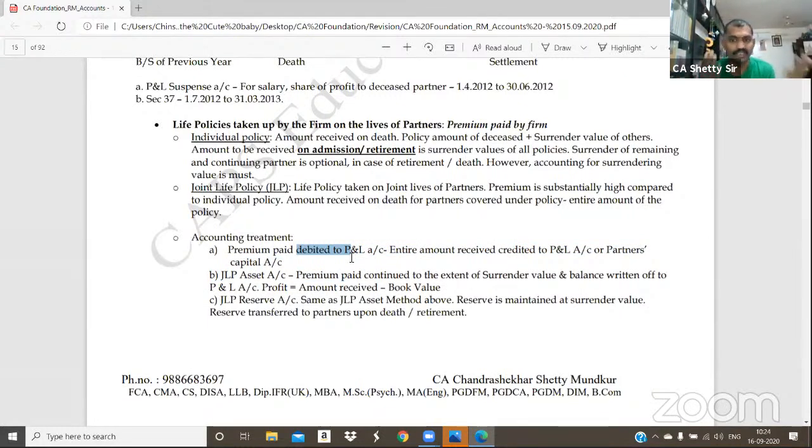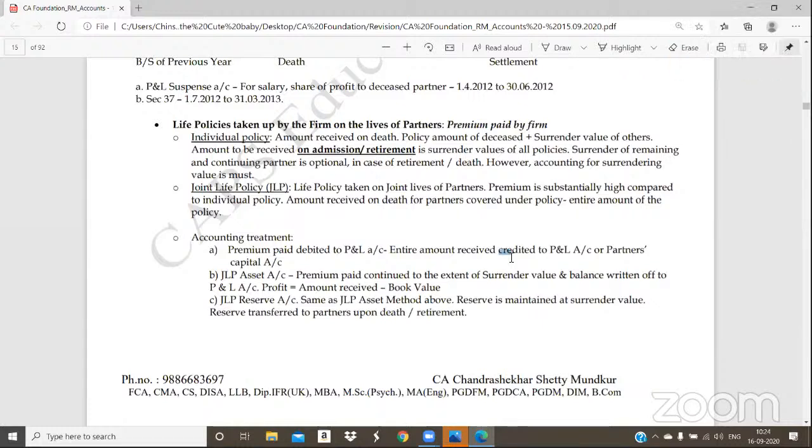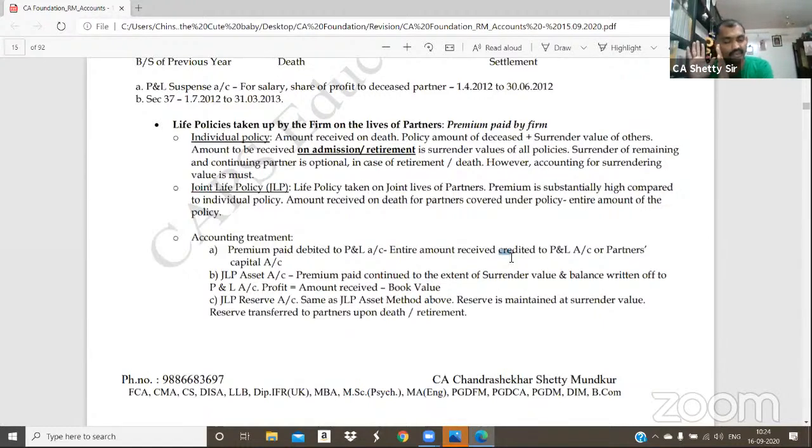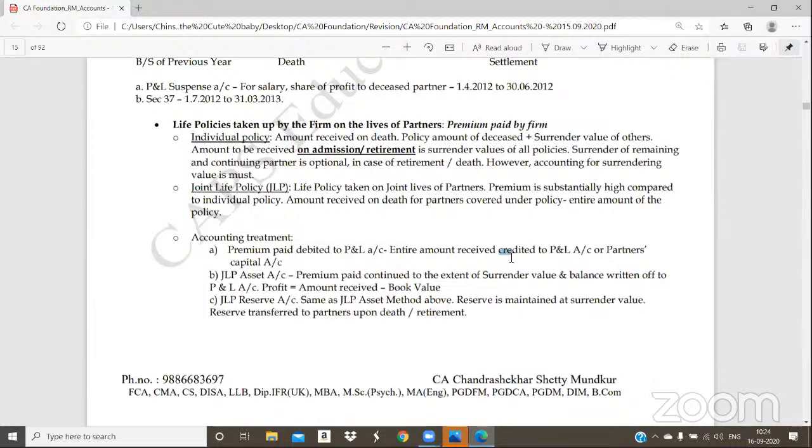Crediting to P&L account is equal to crediting to partners capital account. Remember this. If you credit to P&L account, it will add to the net profit. Net profit ultimately will be taken to partners capital account. Understood? Yes, sir.